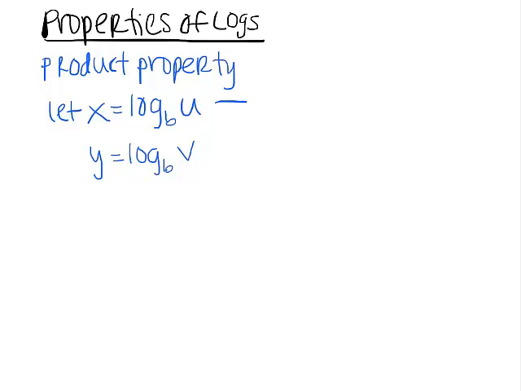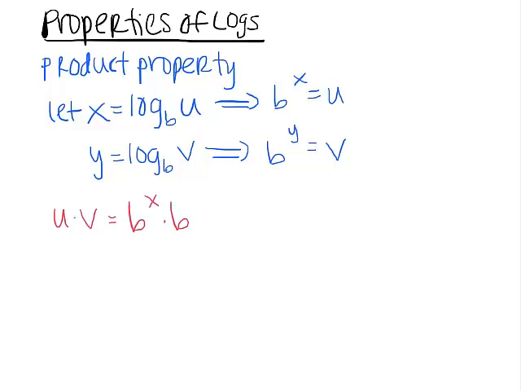Now, given the definition of a log, this means that b to the x equals u and b to the y equals v. Okay? So now, if I want to multiply u times v, well, that's the same as b to the x times b to the y.